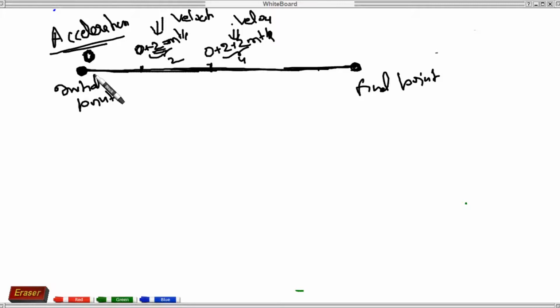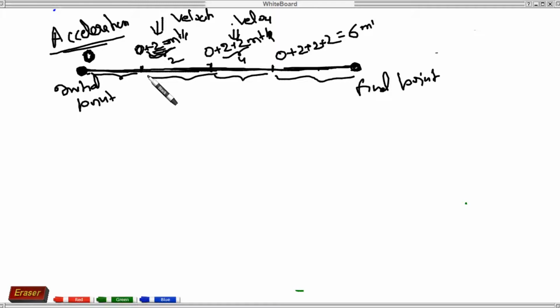Suppose I keep on measuring it. Here it becomes 0 plus 2 plus 2 plus 2, and suppose all these distances are equal, so it keeps on increasing. Here it becomes 6 meter per second, so it's constantly increasing. Velocity is increasing means it's accelerating, because here the velocity is increasing.